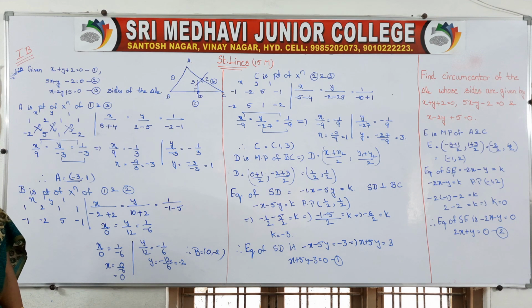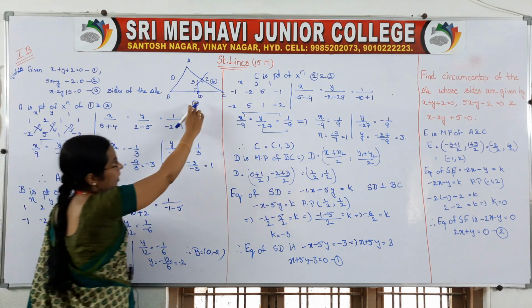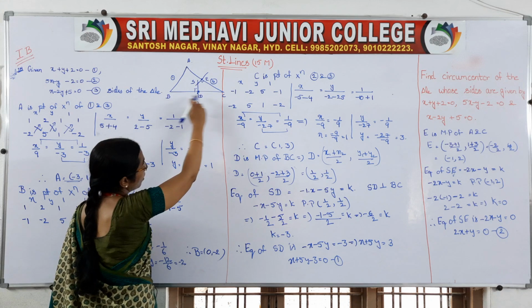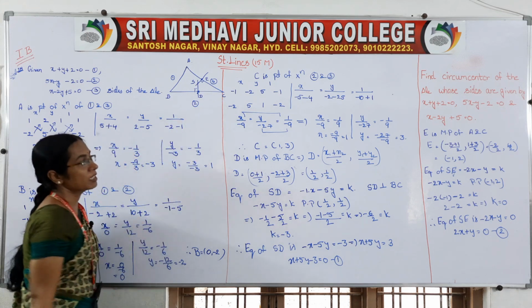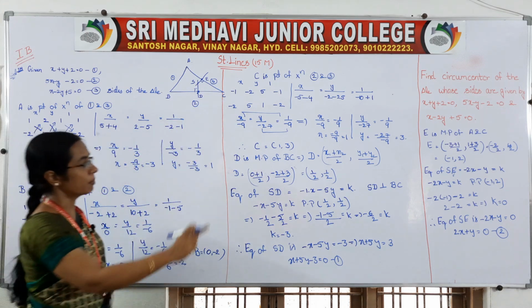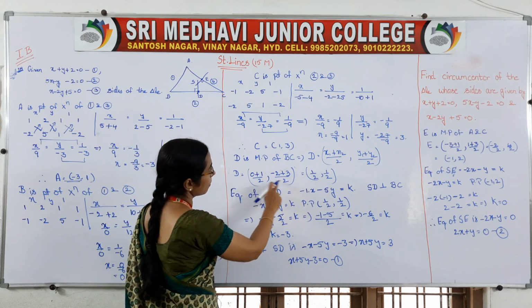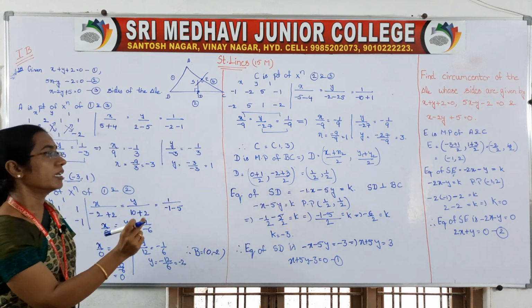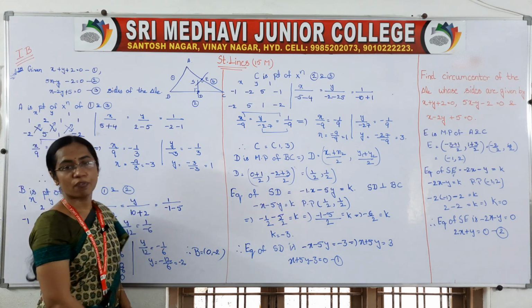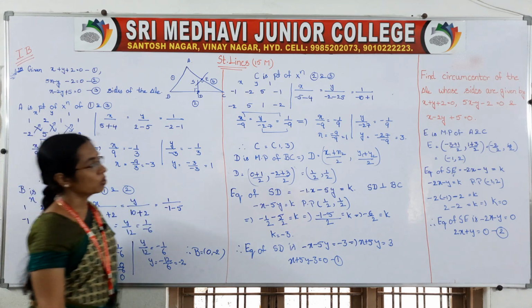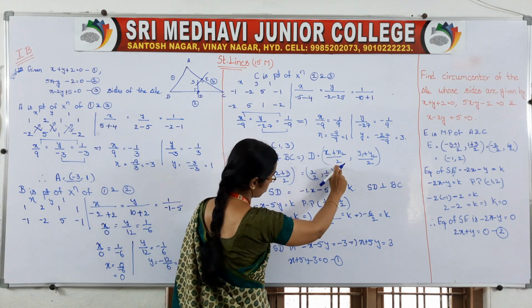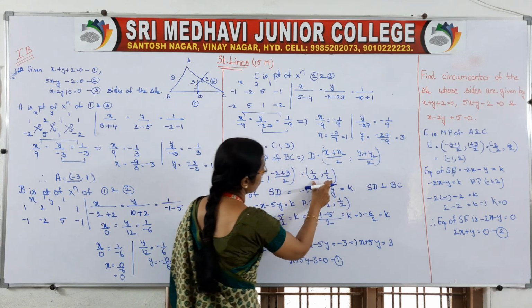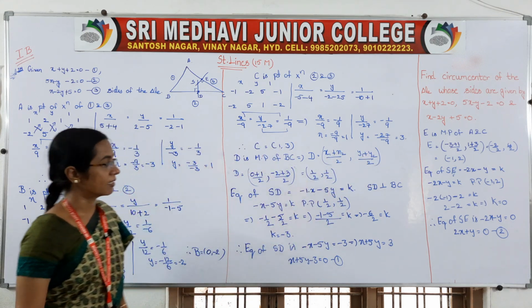So find the midpoint. D is the midpoint of BC. You take B as x1, y1 and C as x2, y2, and substitute in the formula x1 plus x2 by 2, y1 plus y2 by 2, you will get the answer.